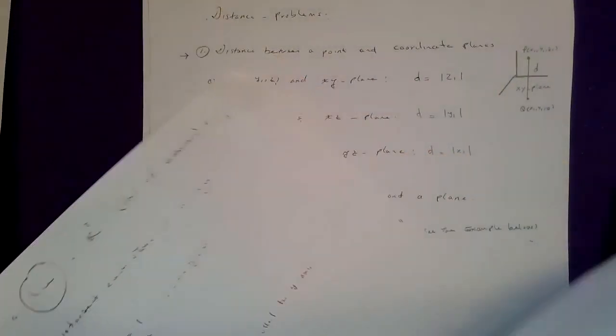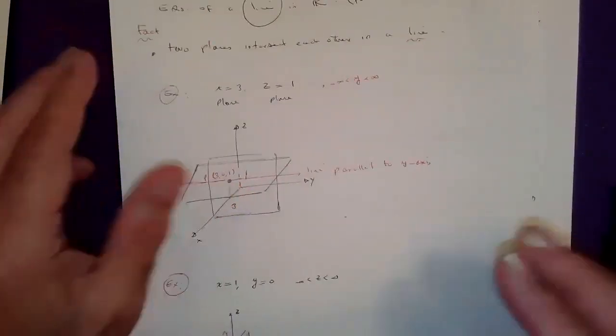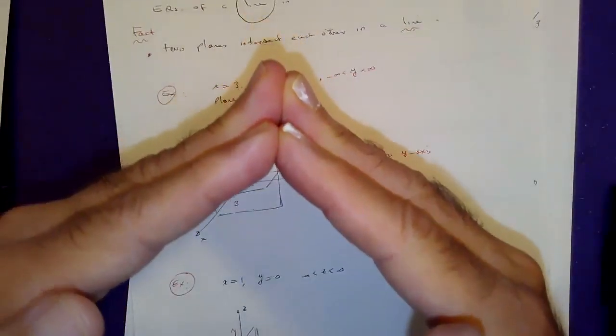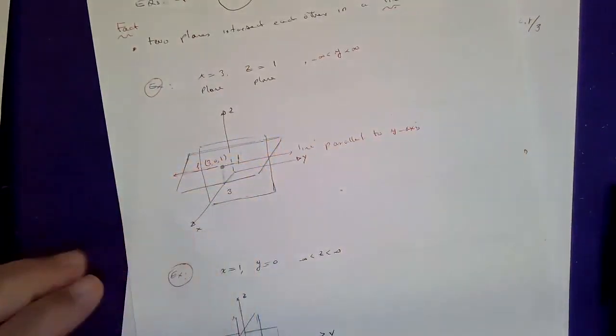I don't know if I can show it to you guys. Take 2 pieces of paper and then intersect them. I don't know if this is working out, so never mind. So the intersection of 2 planes happens to be a line, yes? So if these are 2 planes, the intersection happens to be a line.